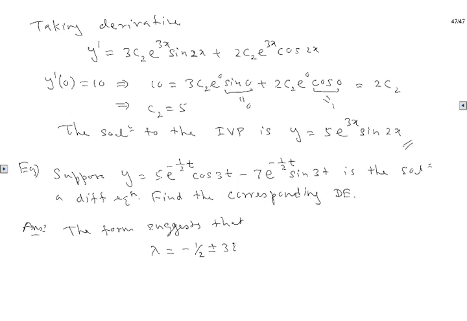Now since we know the lambda, we can write the characteristic equation. What we can do is subtract each lambda value: lambda minus the first value times lambda minus the second value.